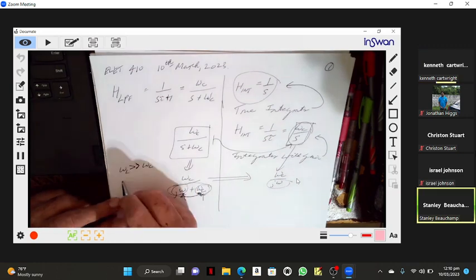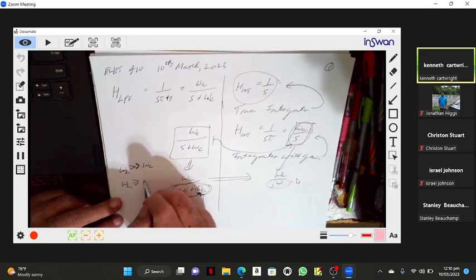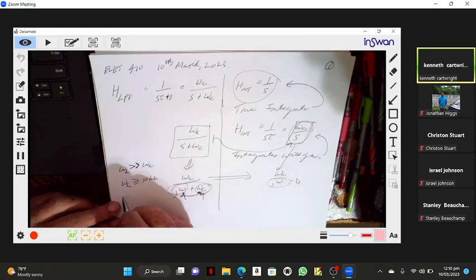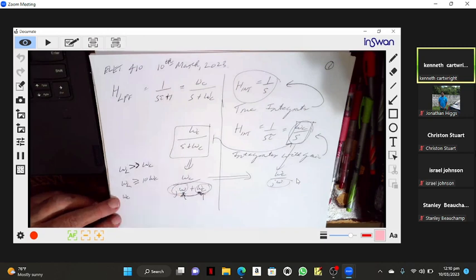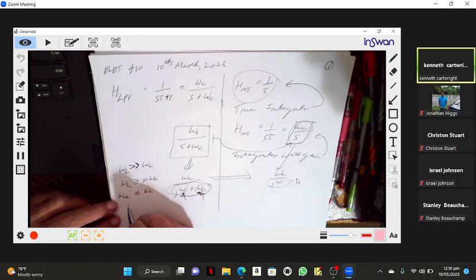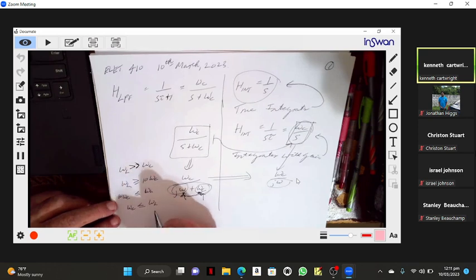So omega L must be greater than or equal to 10 omega C. Or another way of saying the same thing is omega C must be less than omega L divided by 10. So omega C, the cutoff frequency, must be less than or equal to what? The lowest frequency divided by 10.